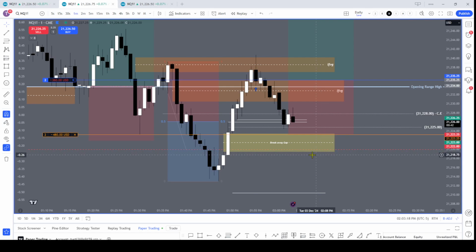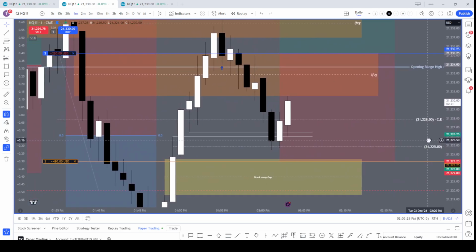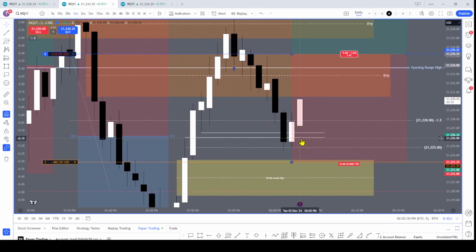Now let's see. Might want to just push down from there. If not, we should see a respect to this BISI. See, went right down to the low of it.